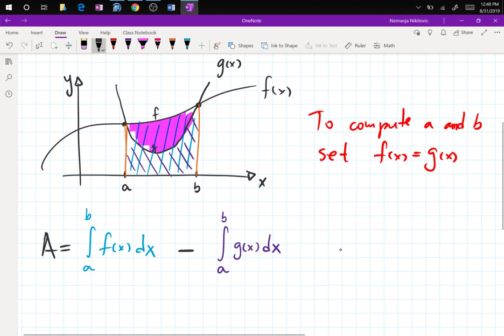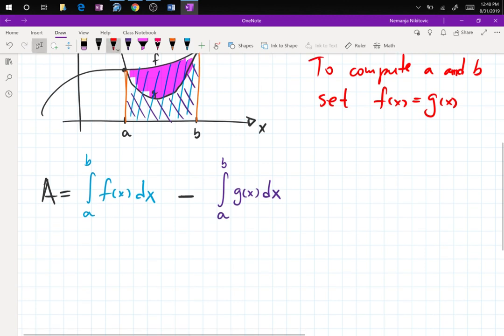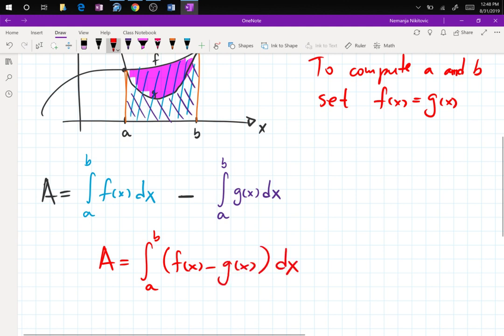And in Calculus 1, there is a theorem that says that if they have the same limits, you can put them into the same integral, which creates the formula that you guys are learning. Area between two curves: integral a to b, f of x minus g of x dx.